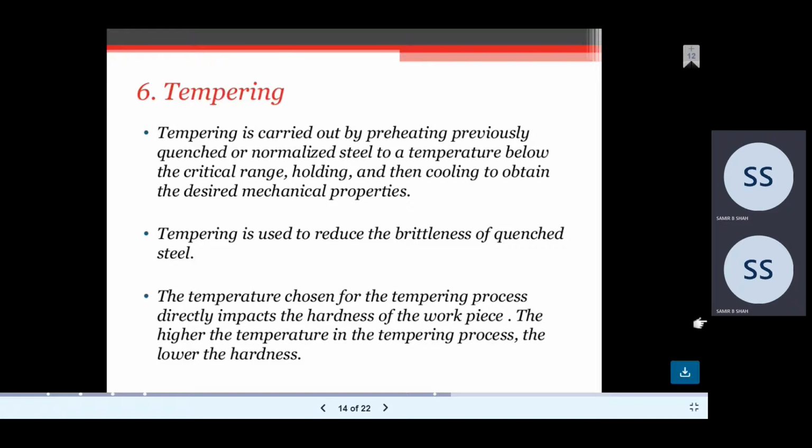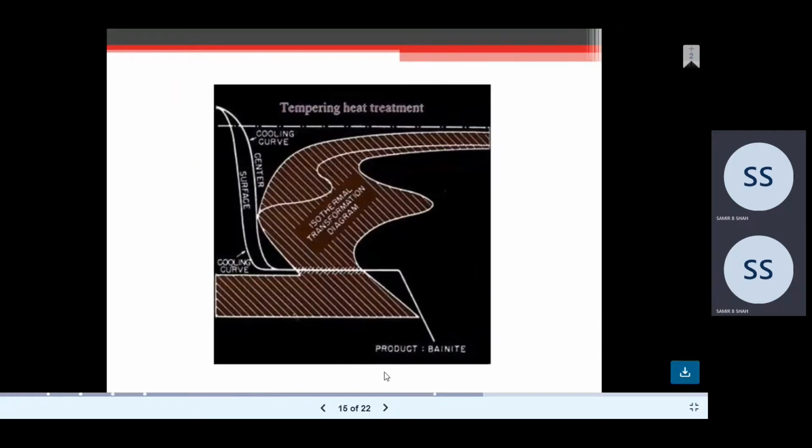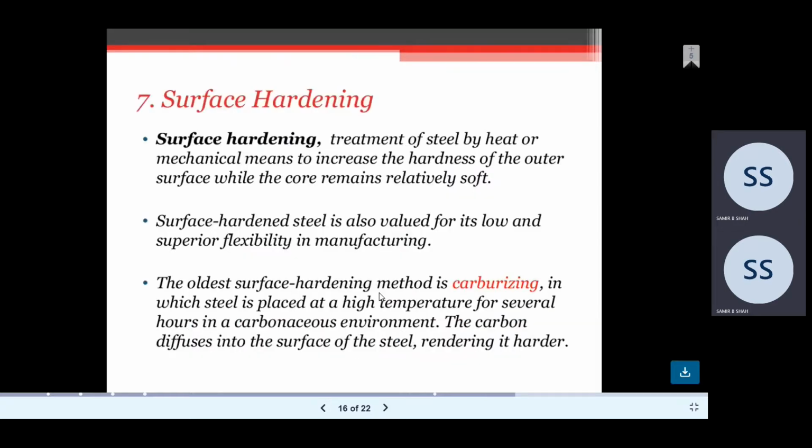The temperature chosen for the tempering process directly impacts the hardness of the workpiece. So the higher the temperature in the tempering process, the lower the hardness. That is very important, and that is why the temperature is somewhat lower. This can be easily understood in the TTT diagram with the product being bainite.